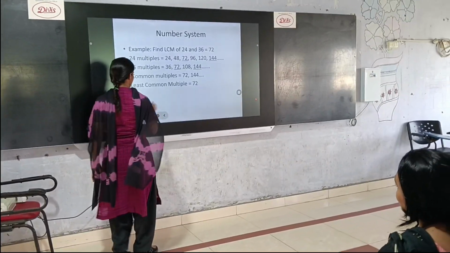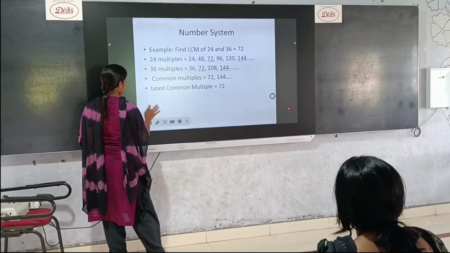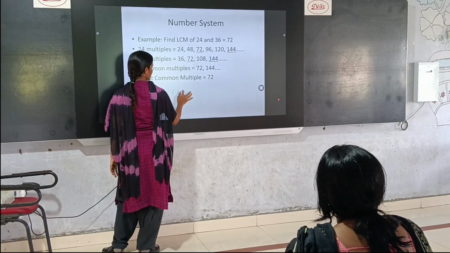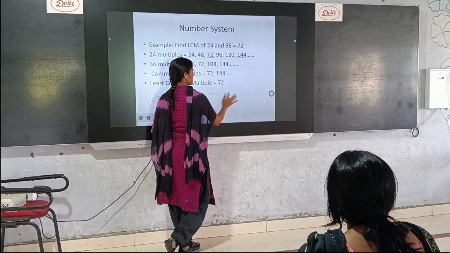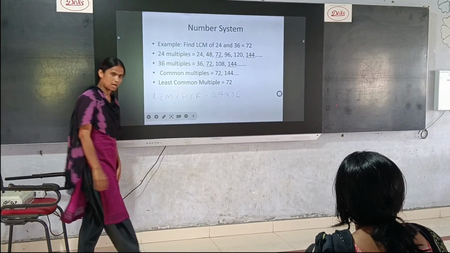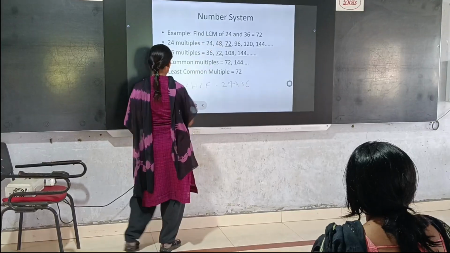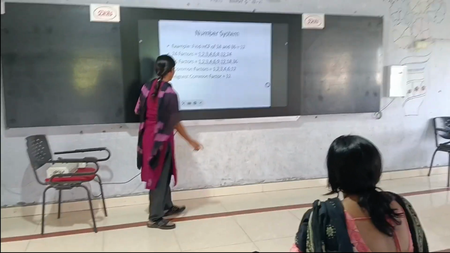So I want to introduce one formula: LCM times HCF equals the product of the two numbers, here 24 times 36. It is useful for computer exams also. In the first slide, the HCF is 12.